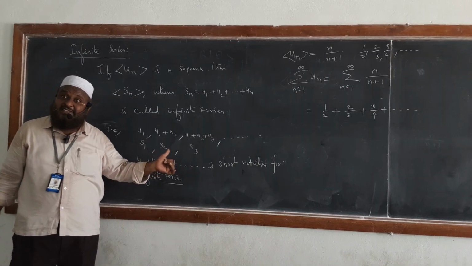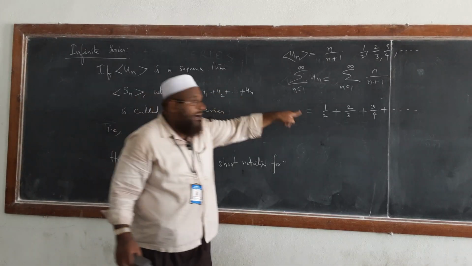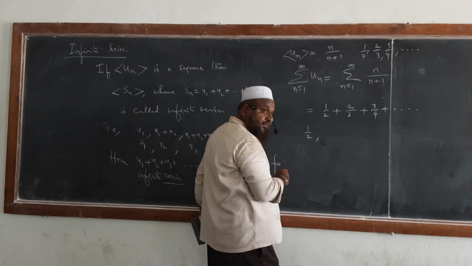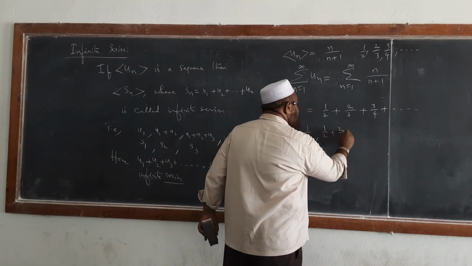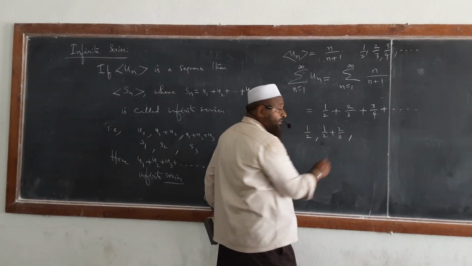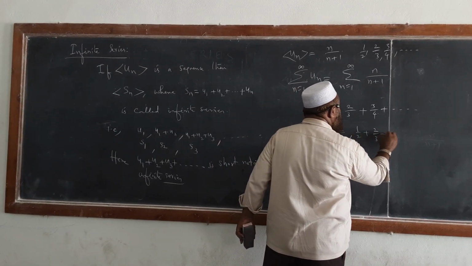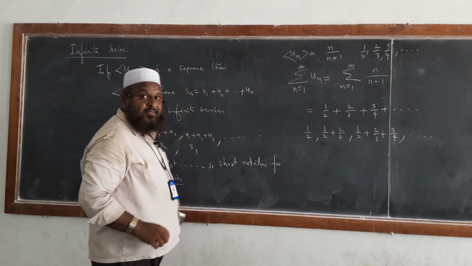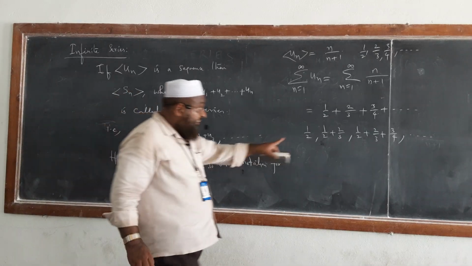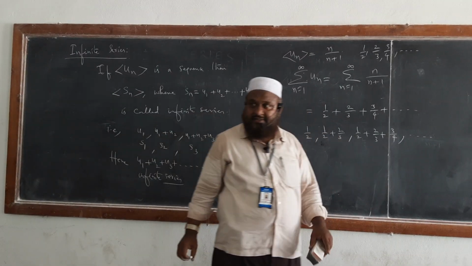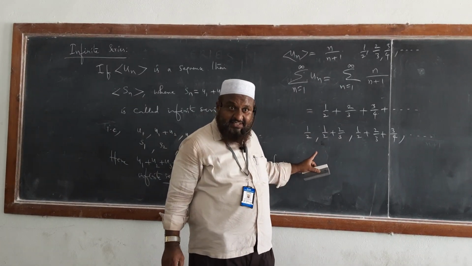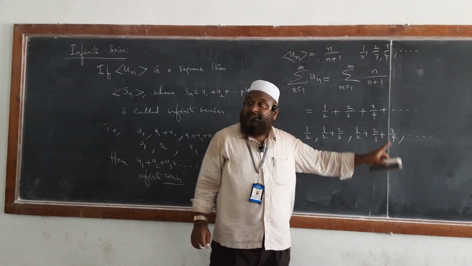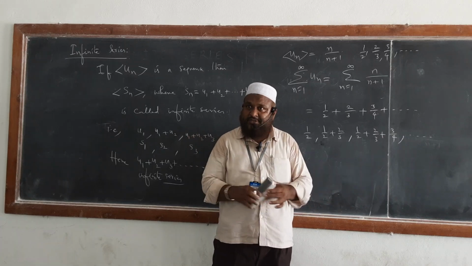And in this case, how is that sequence of Sn? 1 by 2 comma 1 by 2 plus 2 by 3 comma 1 by 2 plus 2 by 3 plus 3 by 4 comma so on. Okay, fine. Now this is again a sequence or not?